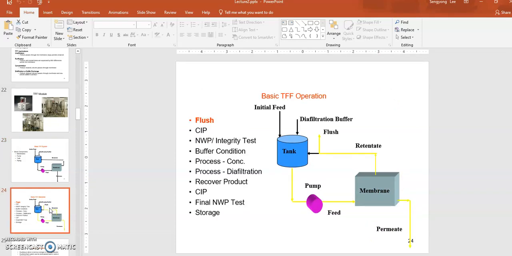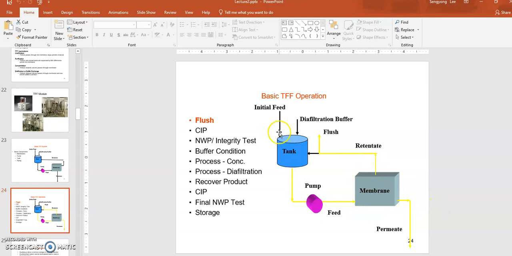And then the steps in the TFF operation: you will probably start with the flush. The entire system will be washed with UFI. And then CIP, clean in place. Before you use the TFF unit, you have to clean up the entire system: the buffer tank, connecting tubes, pump, and TFF cassette.